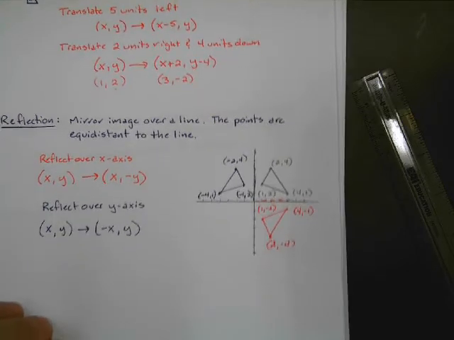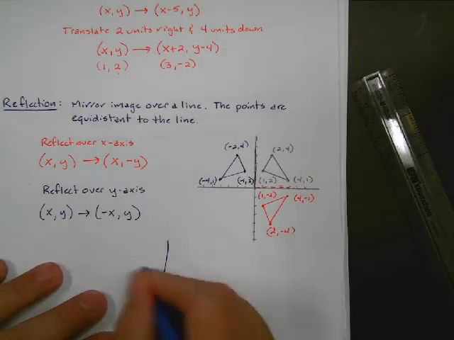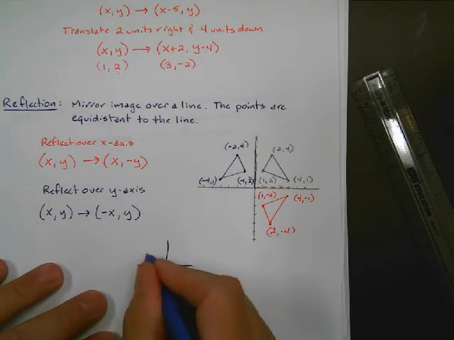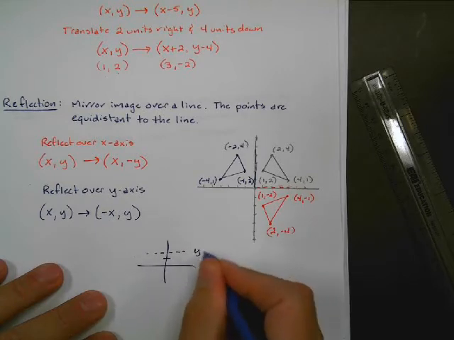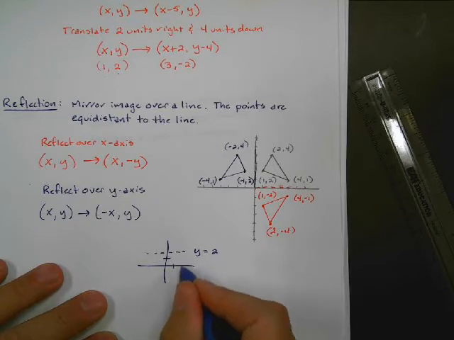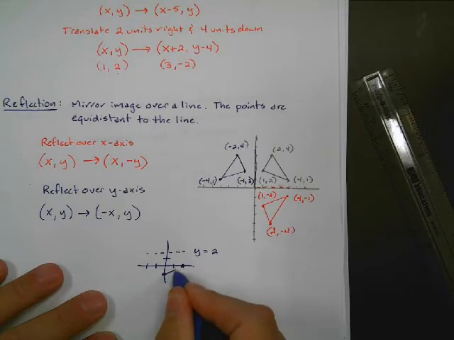Now you can reflect over other lines. Let's say real fast that you wanted to reflect over the line y equals 2. So let's say that I've got a point here and a point here, and I'm just going to reflect a segment this time.